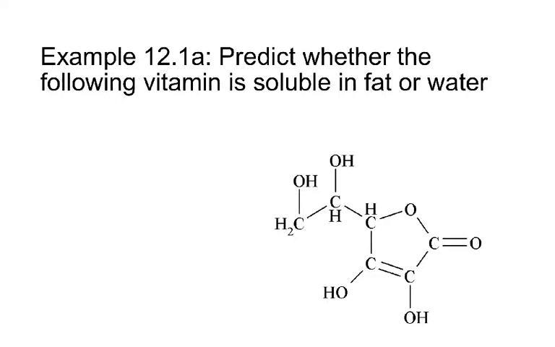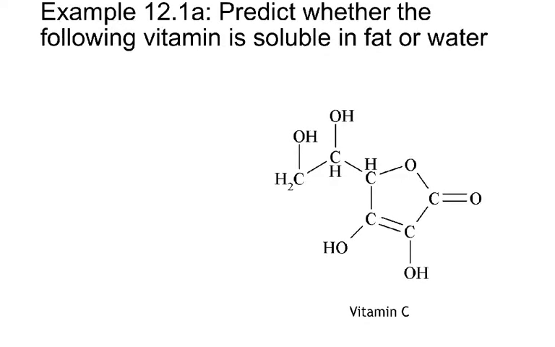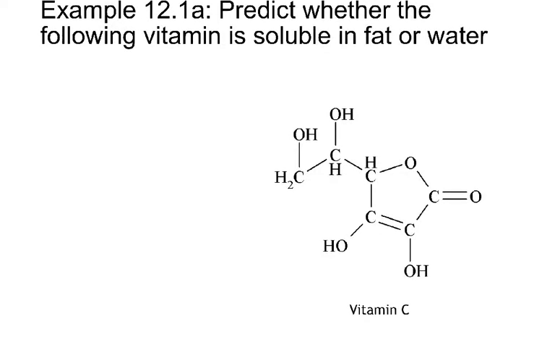All right, let's review our intermolecular forces and apply them to things being soluble. So predict whether vitamin C here is soluble in fat or water. Fat is going to be nonpolar, water is polar and has H bonds.